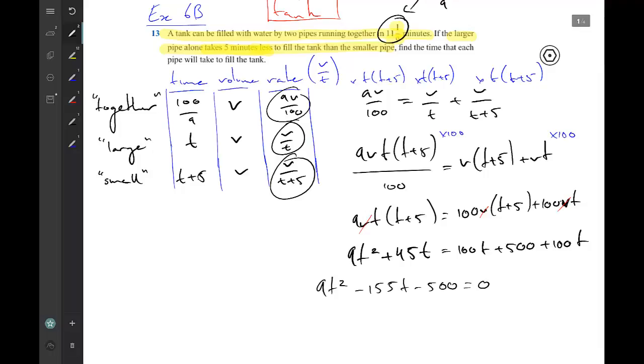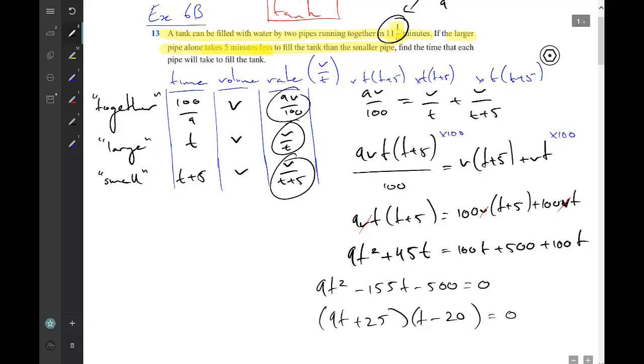Which initially, I admit, looks quite gross, but if you play around with it, you will find that you get (9T plus 25)(T minus 20). That should work, because 9T times minus 20 is negative 180, and at 25 we get negative 155, equals 0. And so we get two solutions.